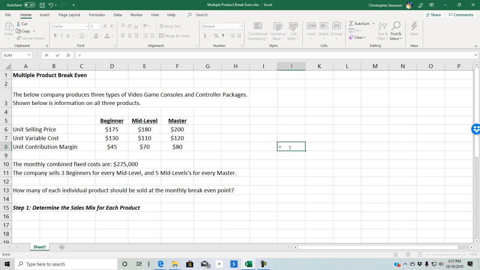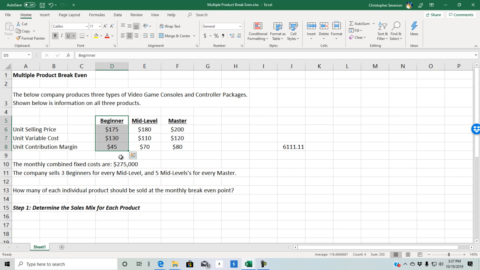Let's just say we just had one product. That would tell us that for just the beginner, if that's all we had, we would actually need to round up. You always round up with these break-even point calculations, so it would be 6,112 units to break even.